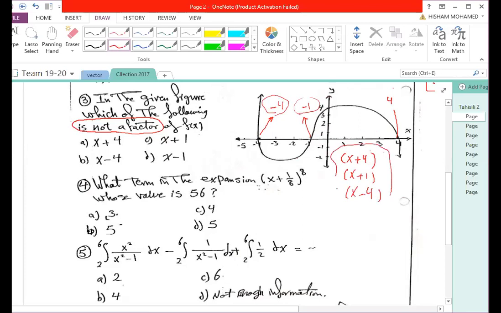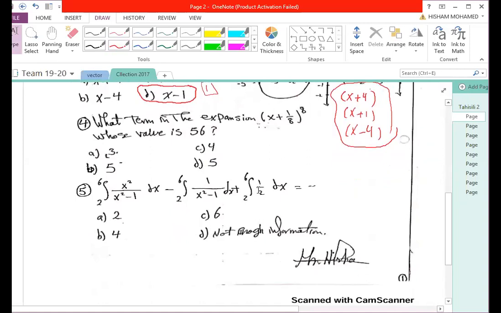So the factors of this function are x plus 4, x plus 1, and x minus 4. But he is looking for the one that is not a factor. So which one of these is not a factor? It's clear that it's x minus 1, because the curve does not pass through the point 1.